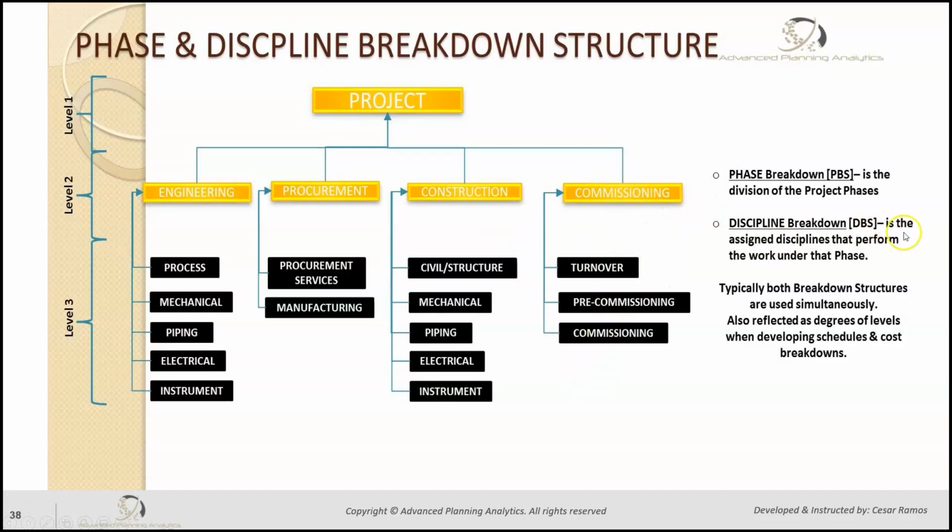And then you have the discipline breakdown. These disciplines perform work under every phase along the way. So you'll see mechanical has a work scope, and they procure mechanical equipment, and then construction actually installs that mechanical equipment. So the title of the discipline is organized in a way that installs the work.